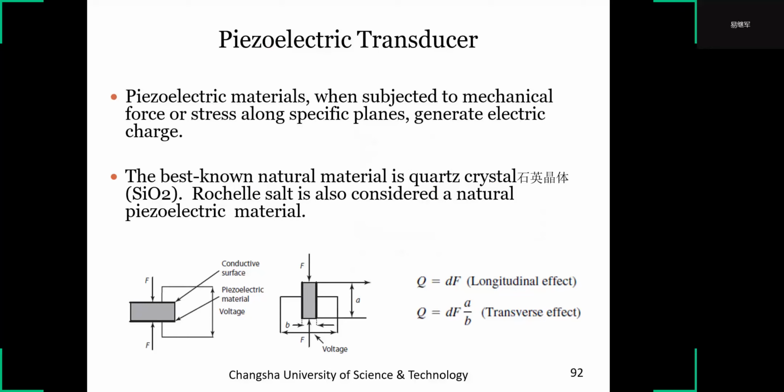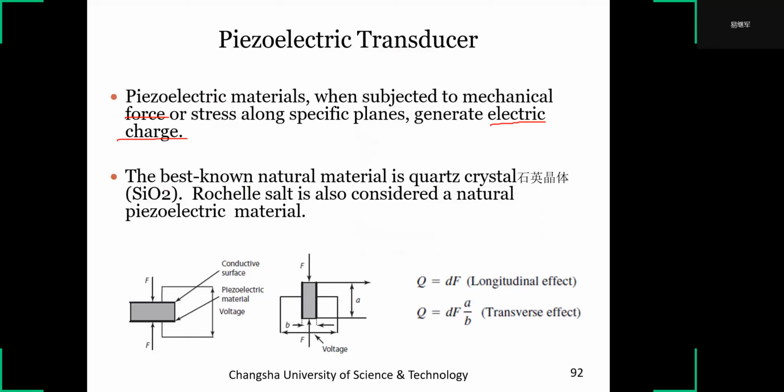Piezoelectric transducer. Piezoelectric material, when subjected to mechanical force or stress on specific planes, generates electrical charge. Given the force, it generates electrical charge.